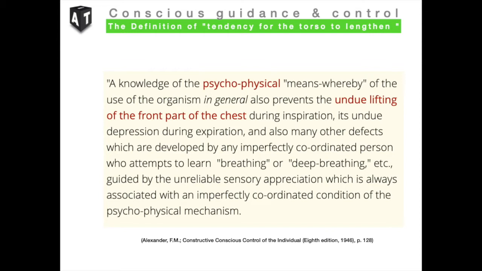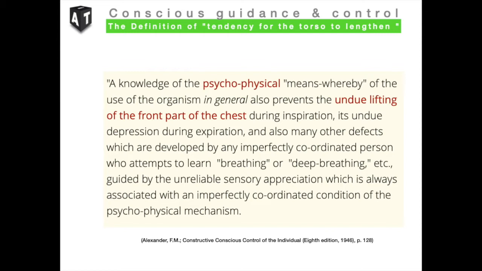This is the sentence. It's from Constructive Conscious Control, the second book. Alexander considered that this second book was the most interesting, the best of all. This one is from the 1946 edition, page 128.